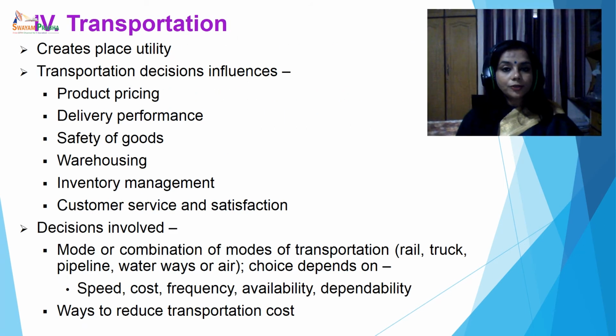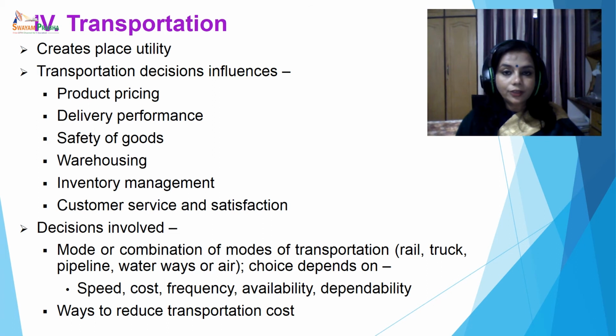One element of physical distribution is transportation. This creates place utility, you know that. Transportation decisions influence your product planning, delivery performance, safety of goods, warehousing, inventory management, customer service and satisfaction. Decisions here are important, like the mode or combination of modes of transport.